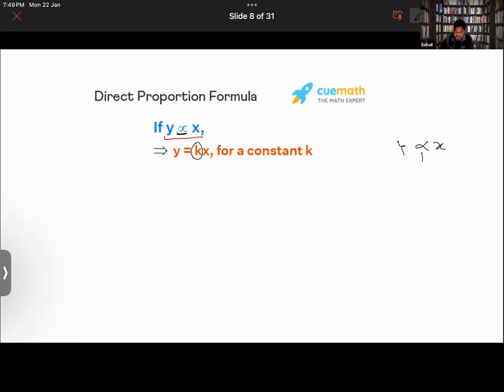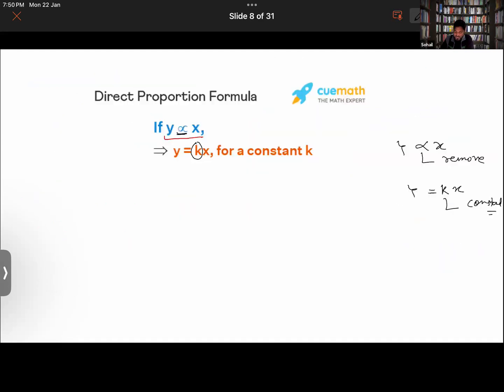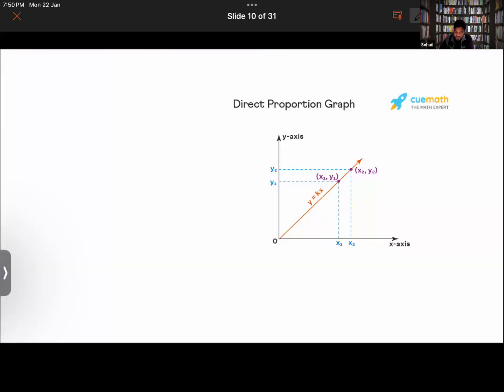When you remove this sign of proportion, there comes an equal to sign, but you will have to introduce a constant value, that is k. So k is a constant. Getting it, everyone? Is it not the same thing which I told you guys moments ago, that x upon y will be k? Is that clear to everyone or not? Okay. Moaz, Ahmed, Arhan and Aram, everyone got this now?